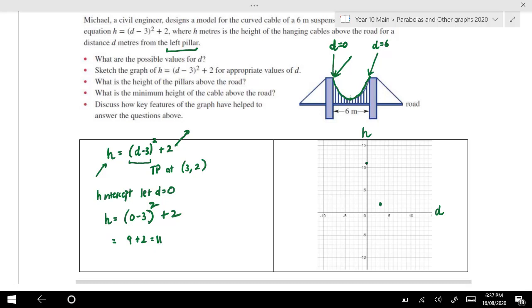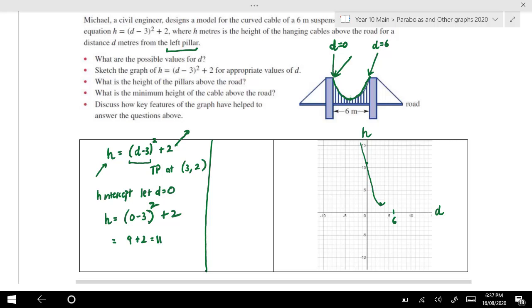And if I sketch that graph, it's going to come down here and it's going to turn. You can see this will go to this point here at d equals 6, and we're going to have to work out what the height would be at d equals 6.